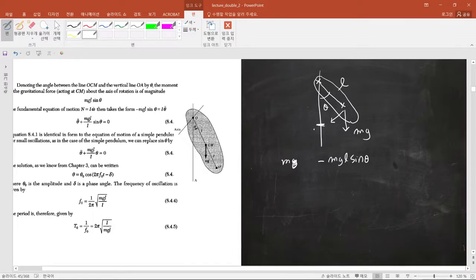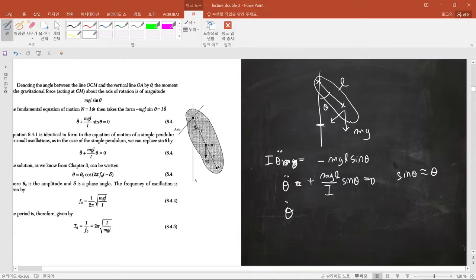So the torque is what? The torque is m g l sine theta. So you have I theta double dot equal to minus m g l sine theta, so theta double dot plus m g l over I sine theta is equal to 0. For small oscillation, sine theta is equal to theta.